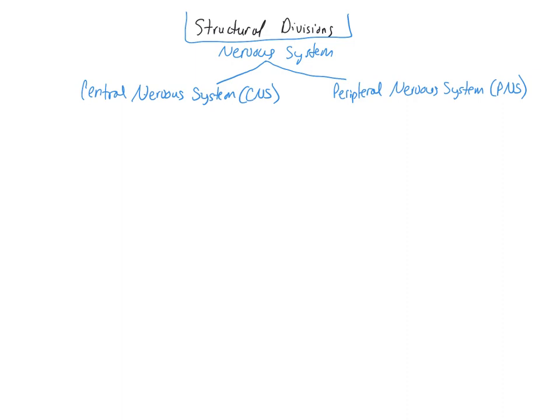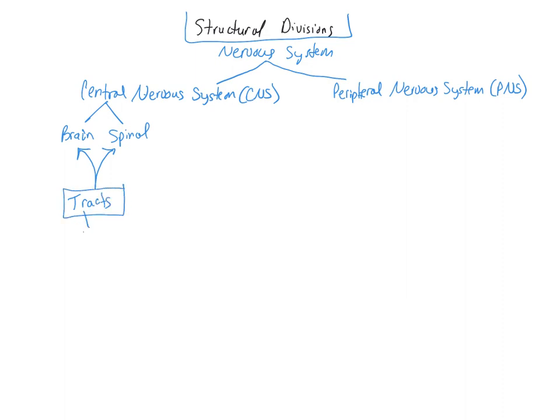Now there's going to be some overlap in how these things work, okay, and how we define and name things, but this should get you started, okay? The central nervous system, we're going to then think of in terms of brain and spinal cord, okay? Those are the two major organs of the central nervous system. But both of these are going to have bundles of neurons that we're going to call tracts, okay?